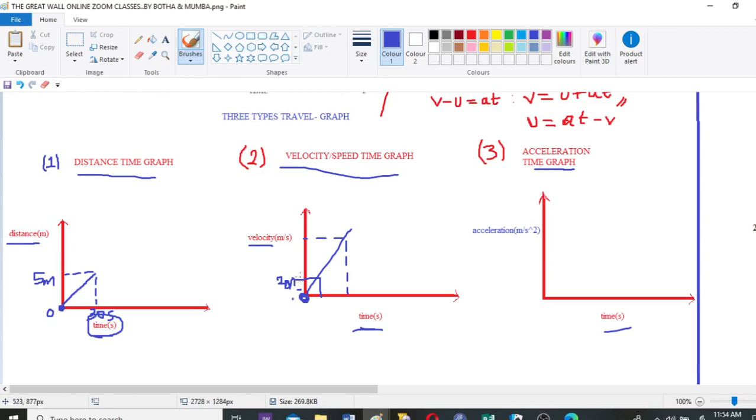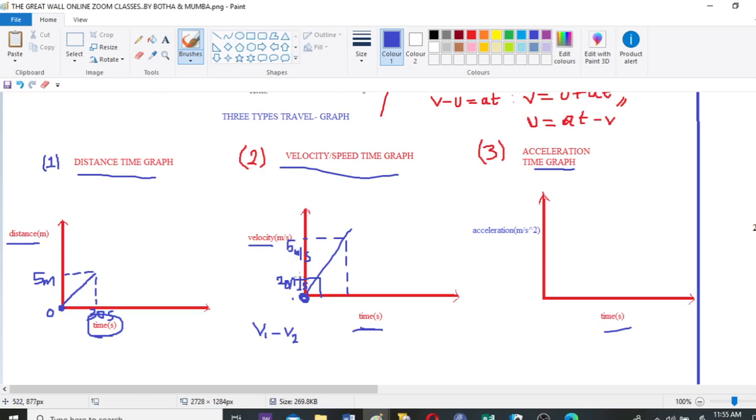Now here the object increases its speed to 5 meters per second. So we can see that there is a change in velocity. We have velocity 1, which is 2 meters per second, and then the object increases its speed to 5 meters per second.